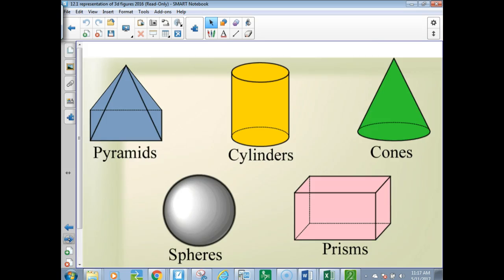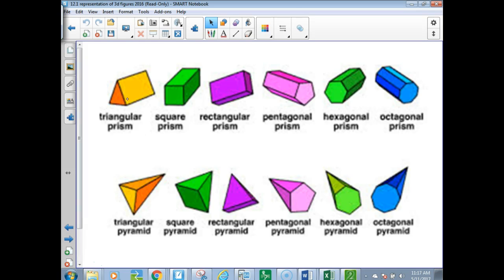I do have some links I could go to if we have time, but right now I would like to get through so you can prepare to do some of your assignment. We got pyramids, cylinders, cones, spheres, prisms. This is a triangular prism. It is named by the triangle base. This is a square prism named by the square base. This is a rectangular prism because all of its faces are rectangles.